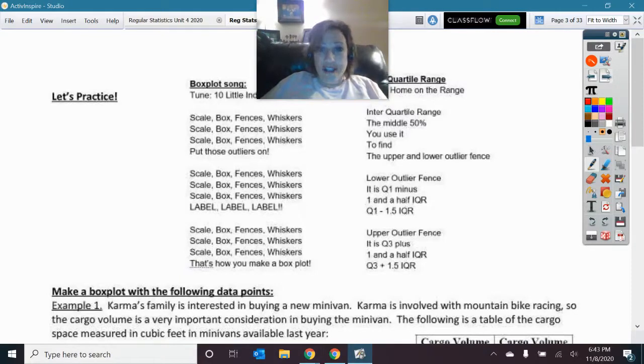There are songs to help you remember how to do this. And so we'll get into that in just a second because it's very annoying. It's this one right here, this Boxplot song. It is probably my least favorite song of all my songs. It's the most annoying, and it's the most popular, because lots of elementary teachers will use it.